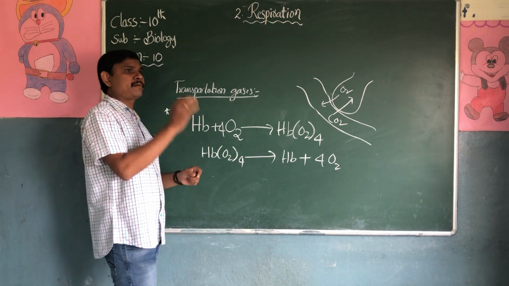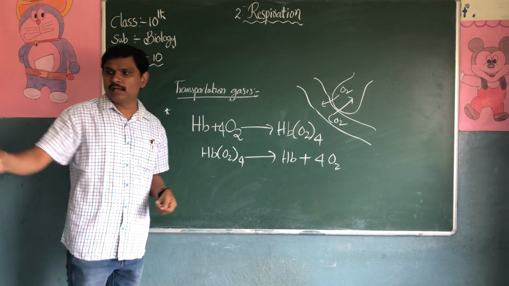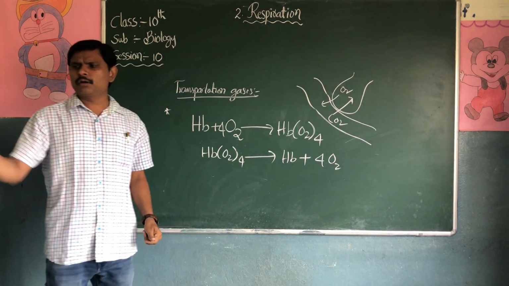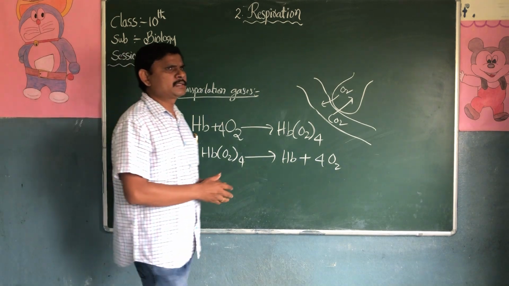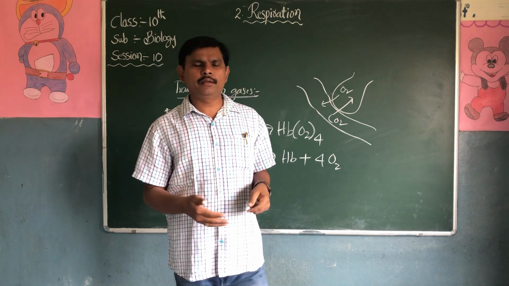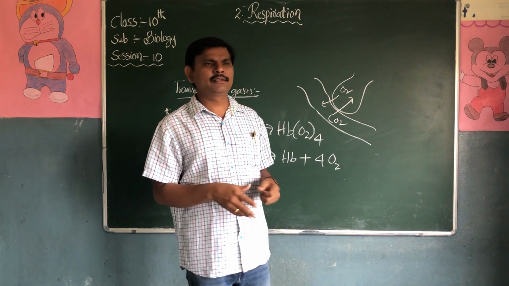How oxygen combines with the hemoglobin, and how carbon dioxide combines with the hemoglobin. Now we'll discuss: some people carry things while climbing mountains, and some people go into waters, into oceans like seas.